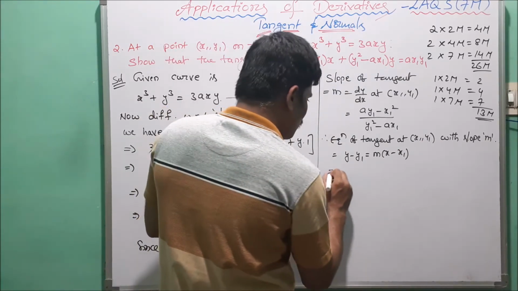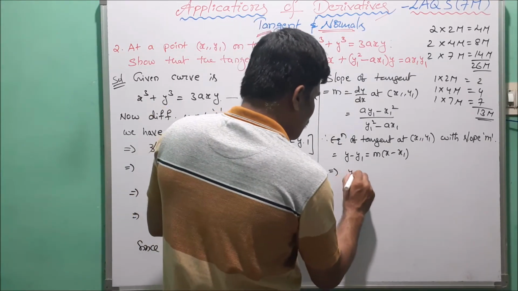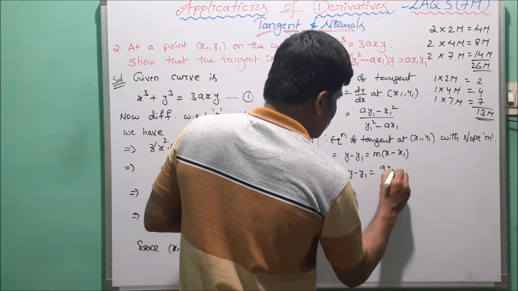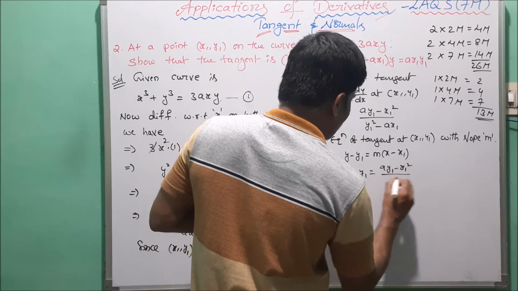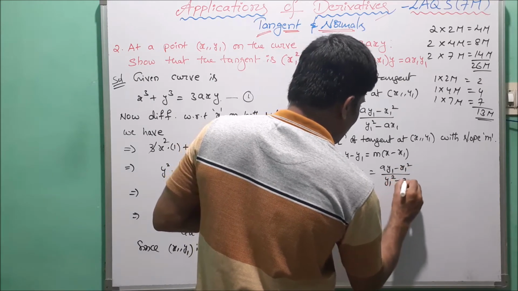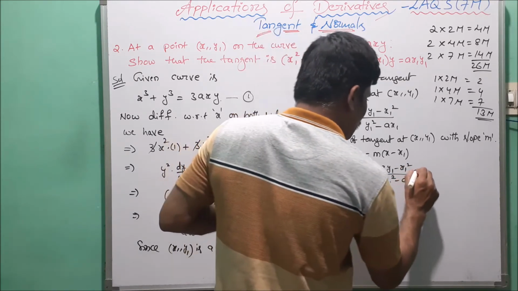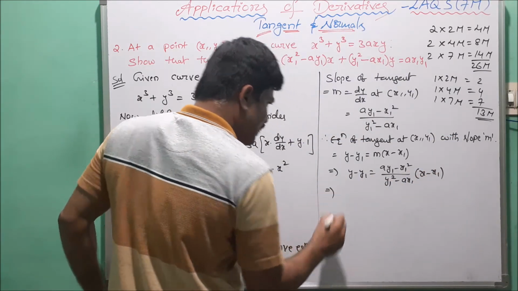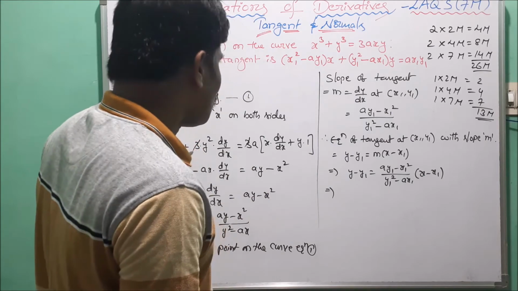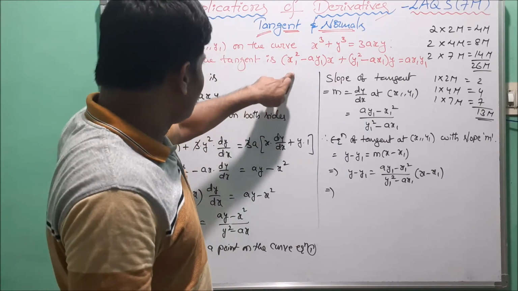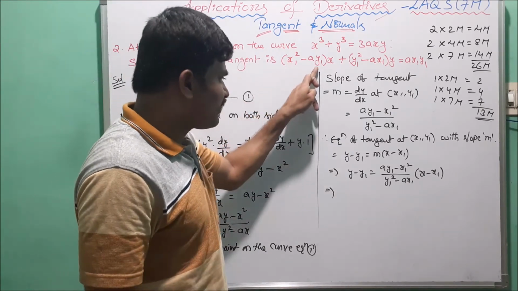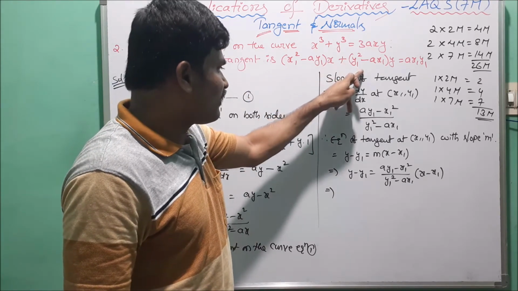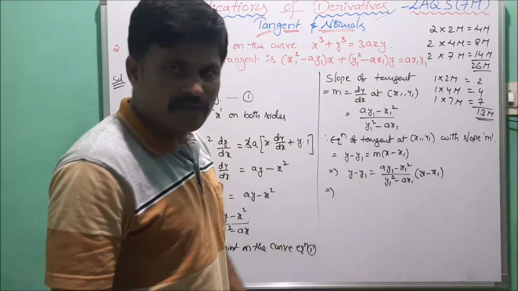Now here we write y minus y1 equal to, m value is ay1 minus x1 square by y1 square minus ax1 into x minus x1. Now clearly here our equation of tangent is x1 square minus ay1 into x plus y1 square minus ax1 into y equal ax1 y1.